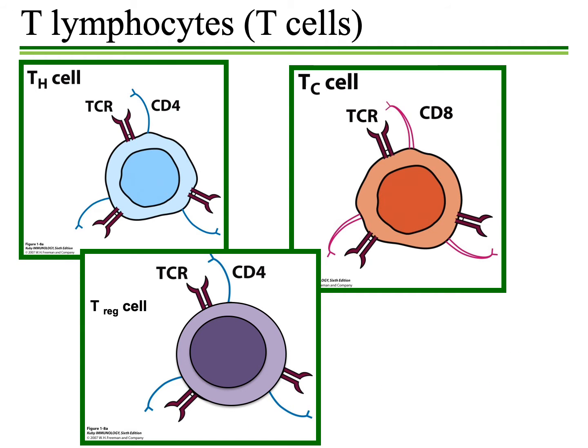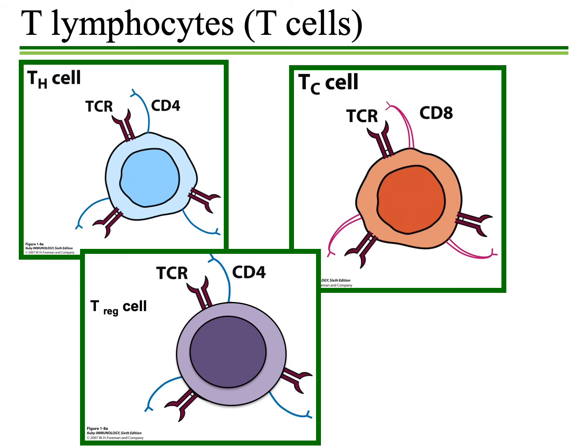In one of the first lectures, we talked about the different cell types that are involved in the immune response, and we gave a general definition and the function associated with those cell types. What I want to do is review the T cells in a little more detail because this lecture and the next lecture deal specifically with T cells and T cell responses.